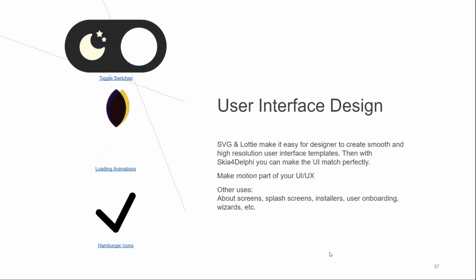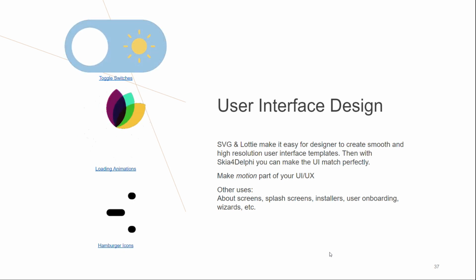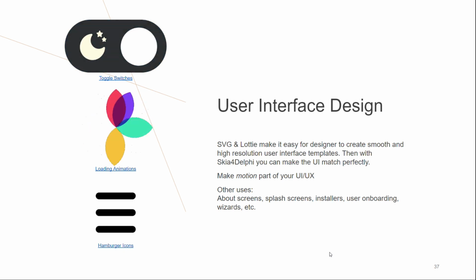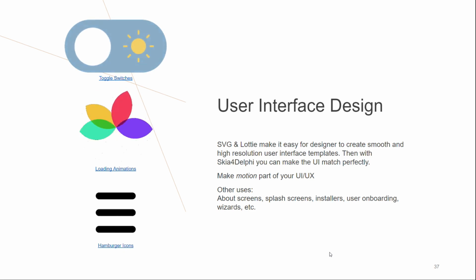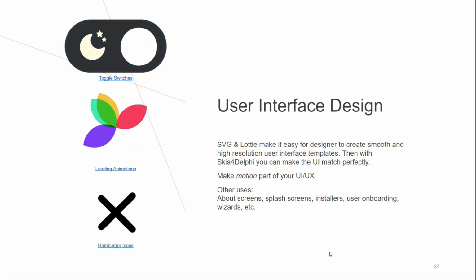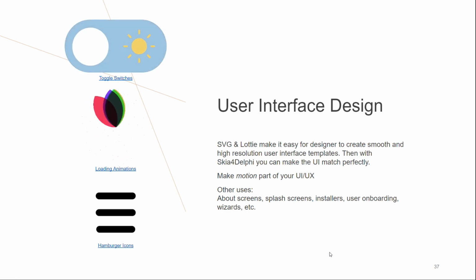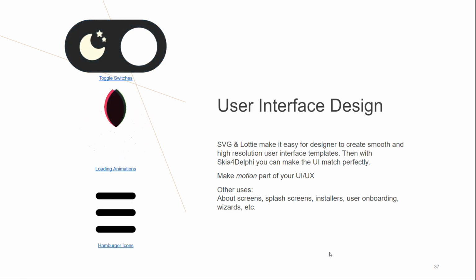Or if you're working with a designer and they use After Effects and Adobe Illustrator, they can design great parts of your user interface, nice transitions and such. Export them with the Bodymovin plugin, which is the plugin for Lottie files, and load them up into your application. And you can have all sorts of great looking animations in your application.